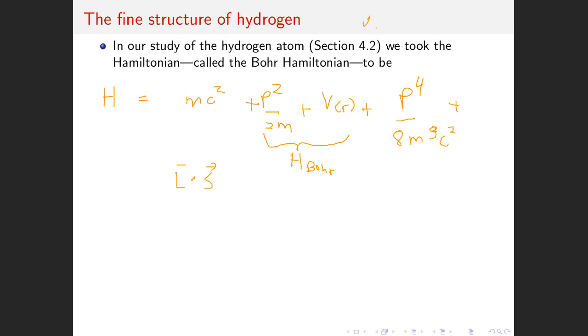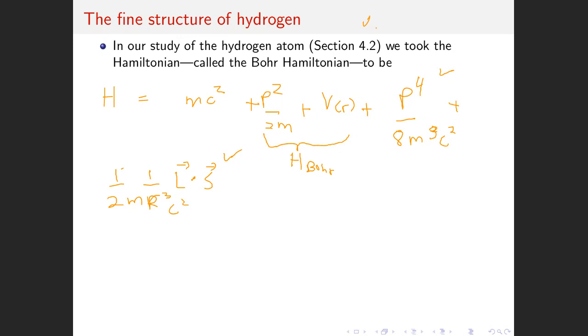It couples the spin of the electron to the orbital momentum, and there is a 1 over r cubed. This term and the previous one I will derive maybe 5 minutes from now. What I want to do is find the order of magnitude. So 1 over r cubed, 1 over 2 m c squared.